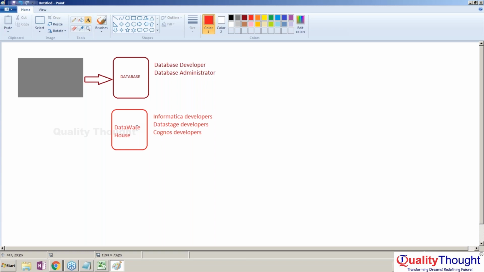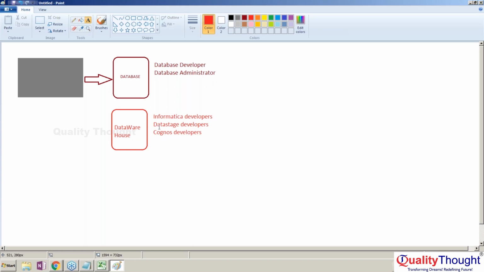Understand, all of you? So likewise, all the data in the database will be gathered and stored in the data warehouse. So the data warehouse will consist of a large amount of historical data. Why are we storing all this data here? For analysis purposes, for analyzing the data.